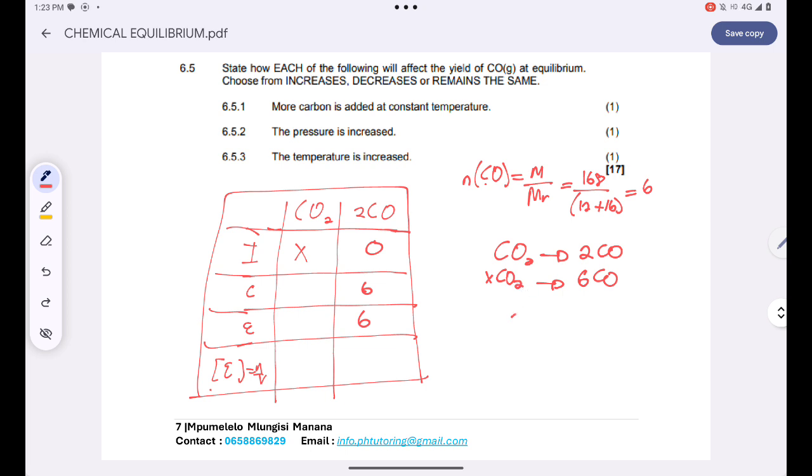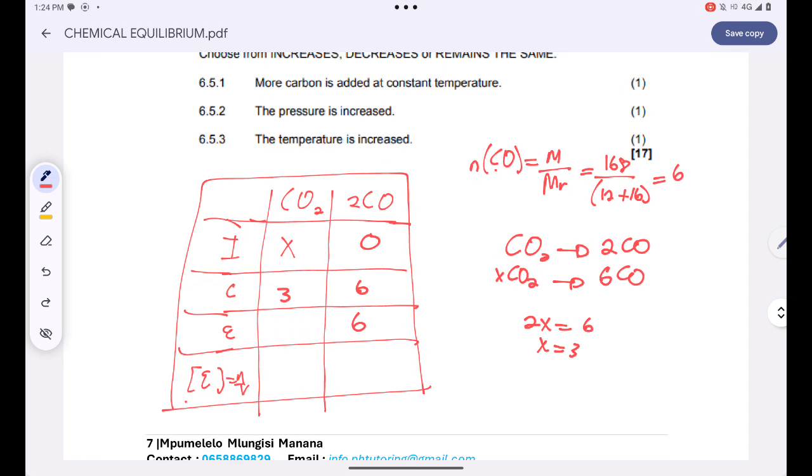Just cross multiply, then 2x will be equal to 6, x will be equal to 3. This 3 represents the number of moles of carbon dioxide that were used. Initially, I had x moles of carbon dioxide and then I used 3 moles. This simply means that at equilibrium, I will be left with x minus 3 moles.